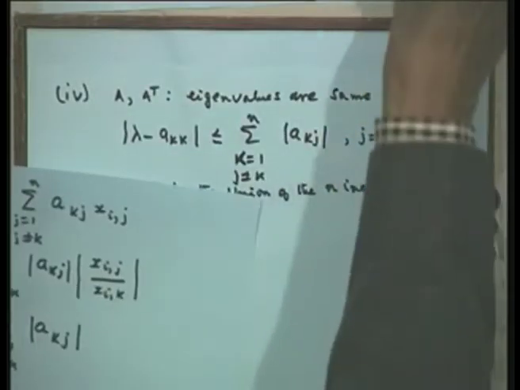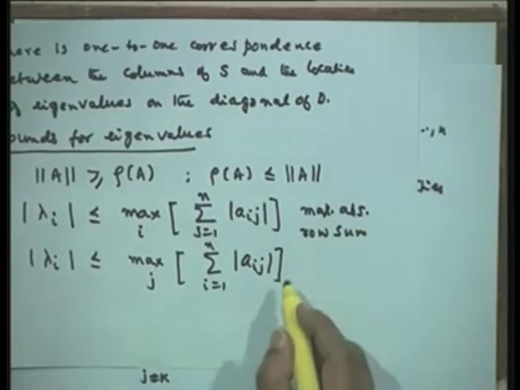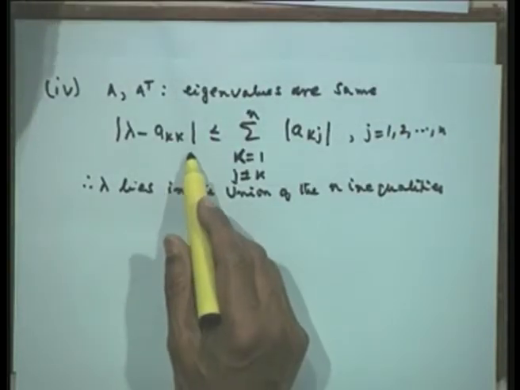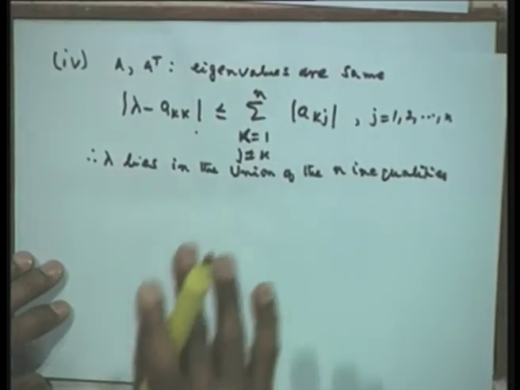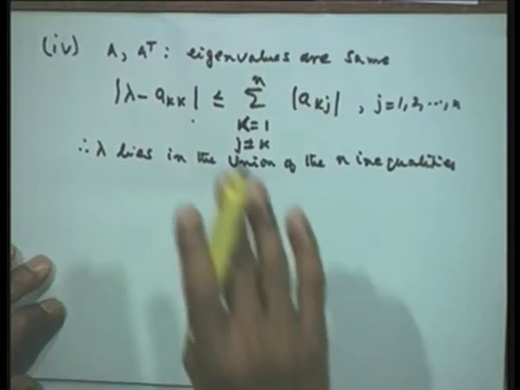Now, we have got here essentially 4 bounds. One is simply the maximum absolute row sum, this is the maximum absolute column sum. Then we have obtained this third bound as this, and this is the fourth bound, but all these bounds are independent bounds. Therefore, if each one of them is giving a particular bound and all of them are independent, the intersection of these bounds should be the final required bound.